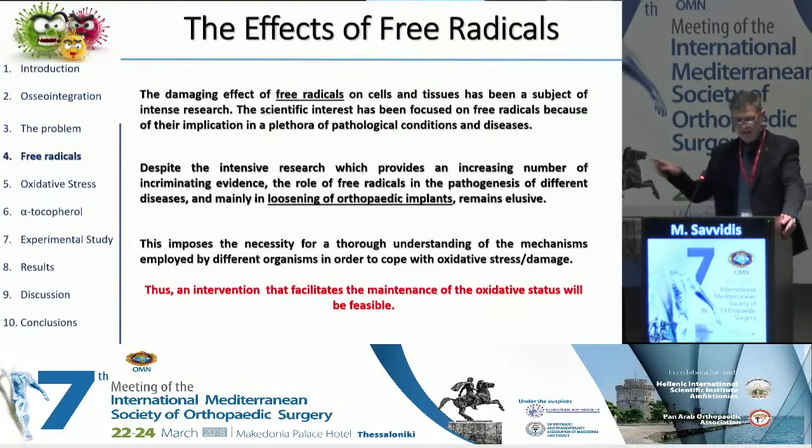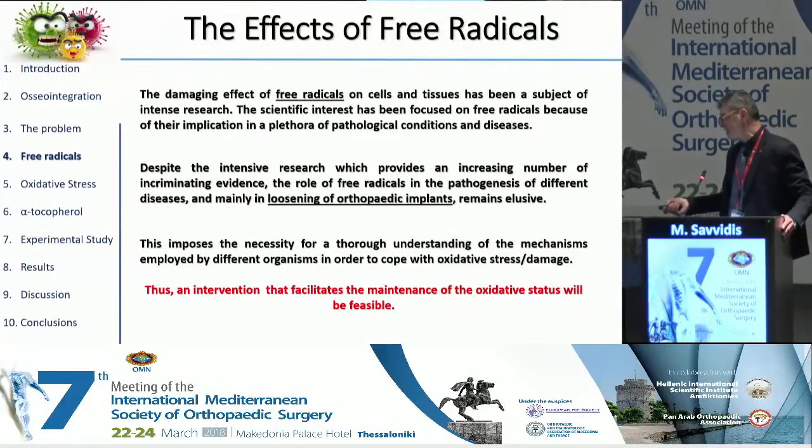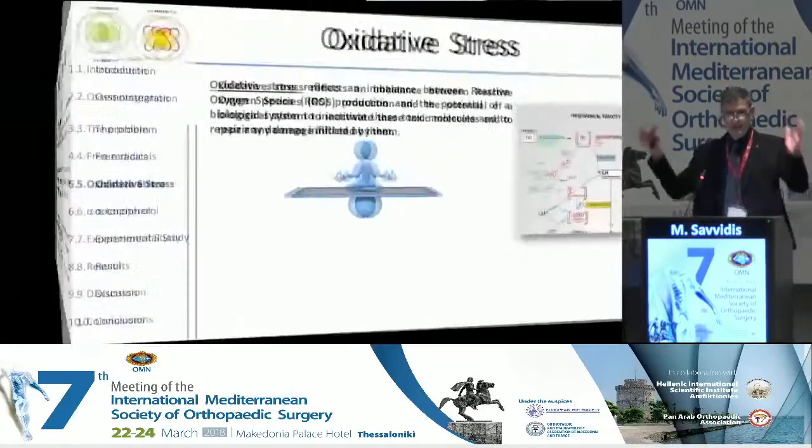This imposes the necessity for a thorough understanding of the mechanisms employed by different organisms in order to cope with oxidative stress. Thus, an intervention that facilitates the maintenance of the oxidative status will be feasible. That's the idea of the whole research.